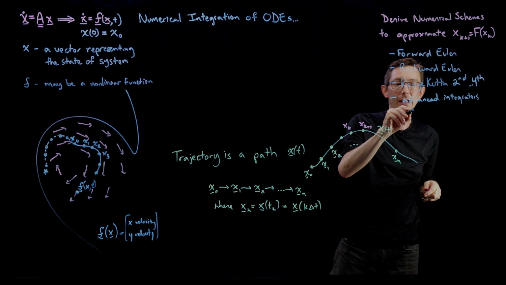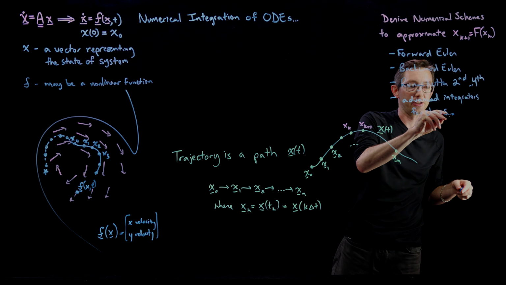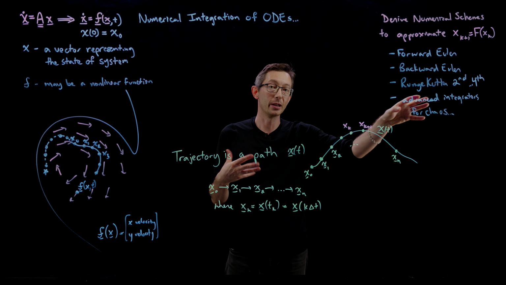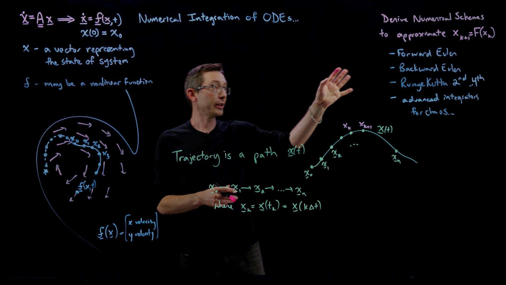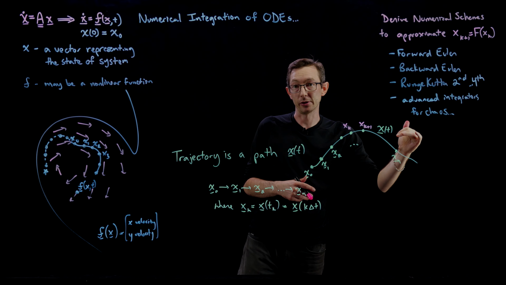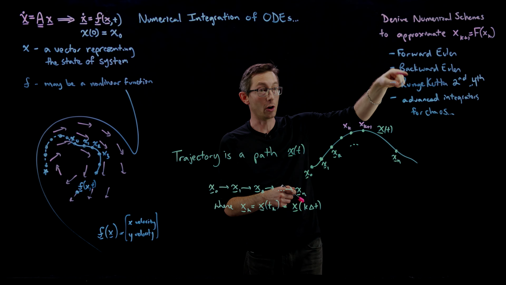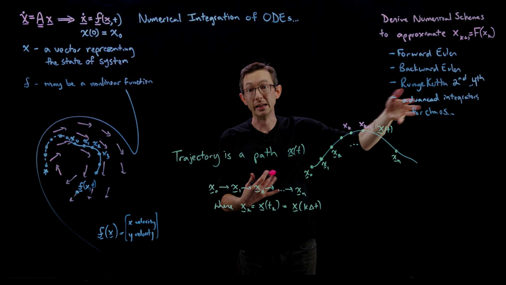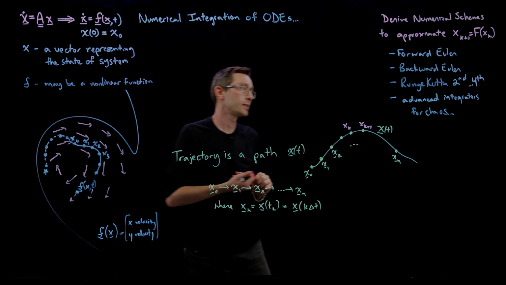So then I'll talk about advanced integrators for chaotic systems, because for chaotic systems you need a little bit more specialized machinery. Okay, so that's one thing we're going to do: derive these different schemes, starting with the very simplest, then getting to the all-purpose integrators, and then getting into some advanced integrators if you really need advanced capabilities for integrating these trajectories.